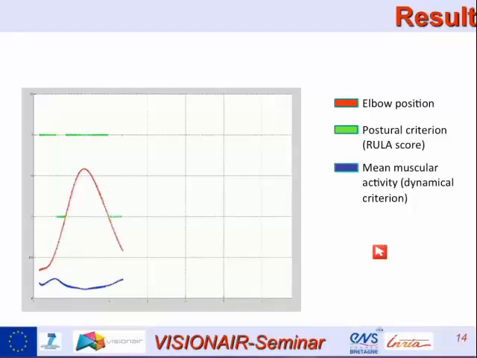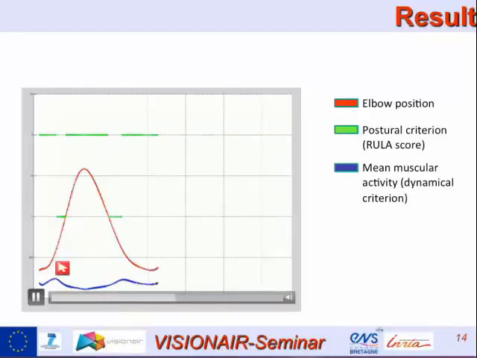So we have this guide. And then we have the outputs. This is here the elbow position, here the mean muscle activity, and in green the postural criterion. So you see discontinuities: 2 is not comfortable, 1 is more comfortable, 2 is not comfortable.